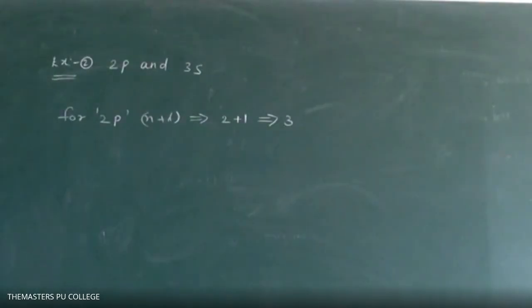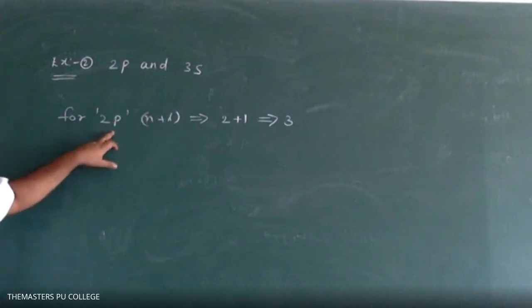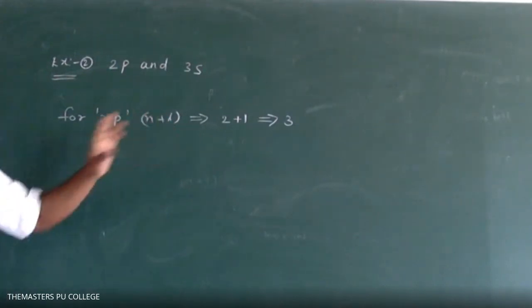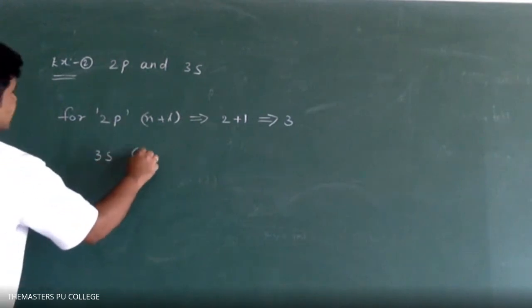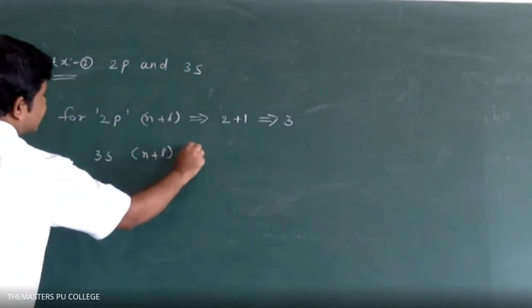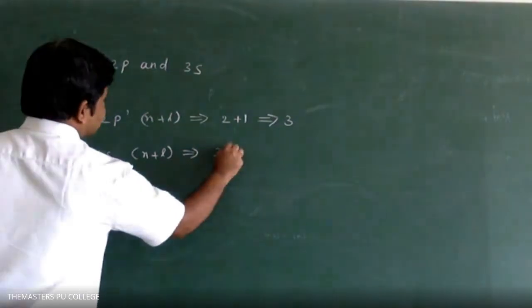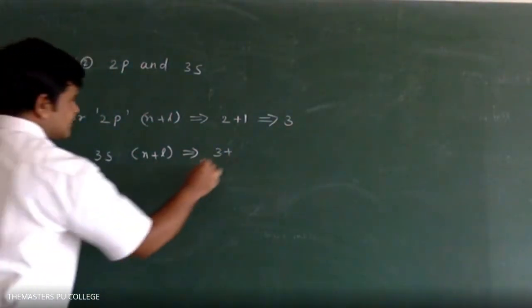Is it correct? n value is 2, l value is 1 for the p orbital, so that's why I wrote 3. Similarly, for 3s, the n plus l value is 3 plus 0, that is 3.